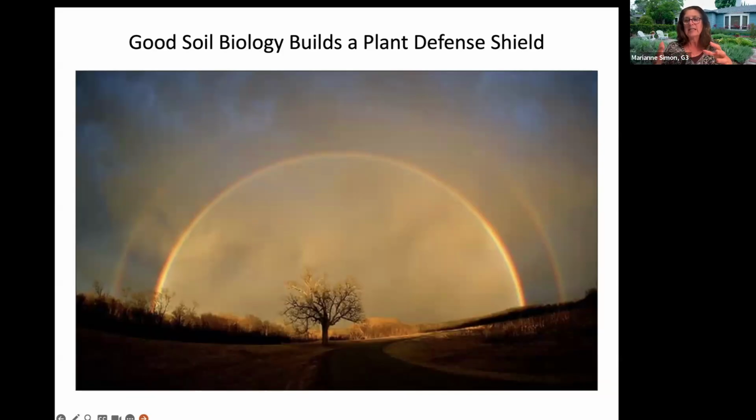And the biology doesn't just live in the soil. It will actually travel up into the plant, out into the branches, out into the leaves, and it provides basically a defense shield. Not quite the double rainbow that you see here, but having that good biology in the soil that moves up into the plant actually helps protect the plant as well.